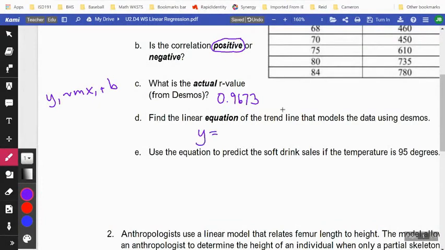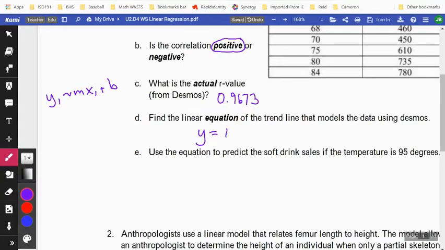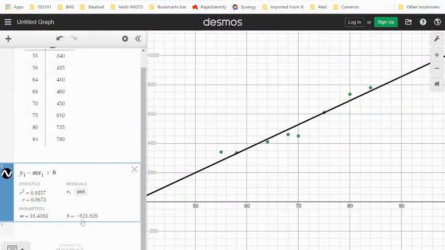So remember that we always model y equals mx plus b. So I need the slope, which is 16.4163. Don't forget to put x after your slope. And then I would put a plus there, but I don't remember if the y-intercept was positive or negative. It's actually negative.